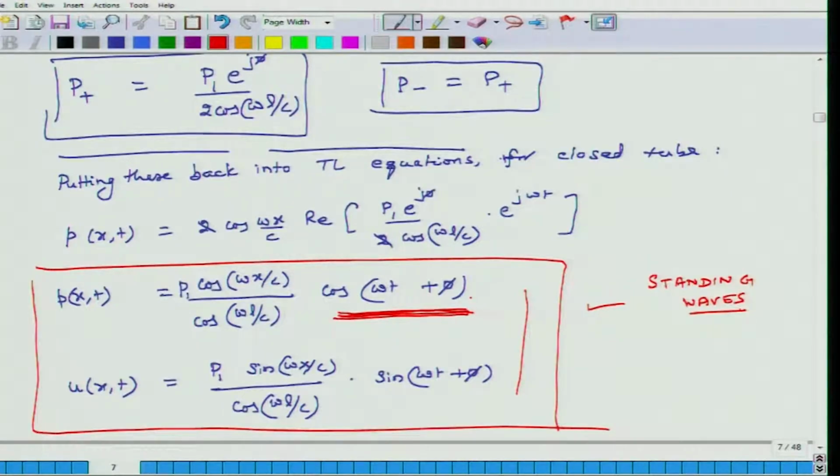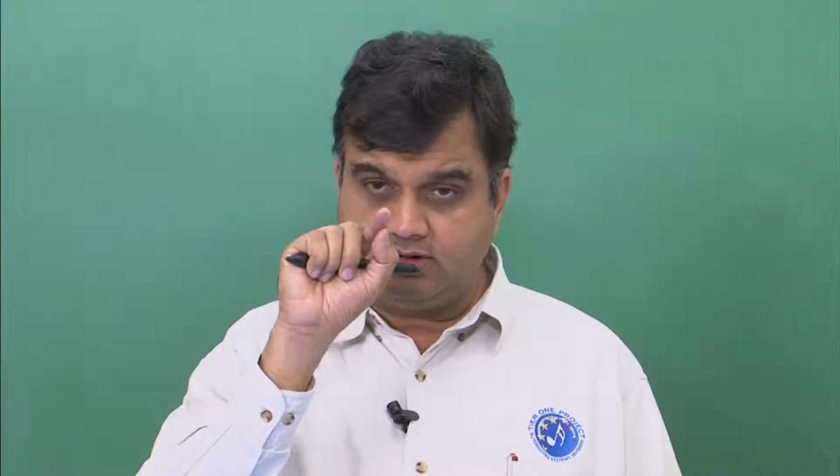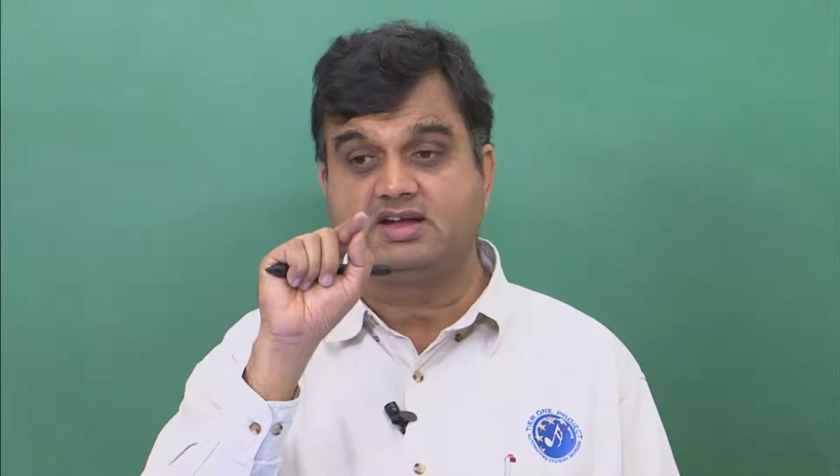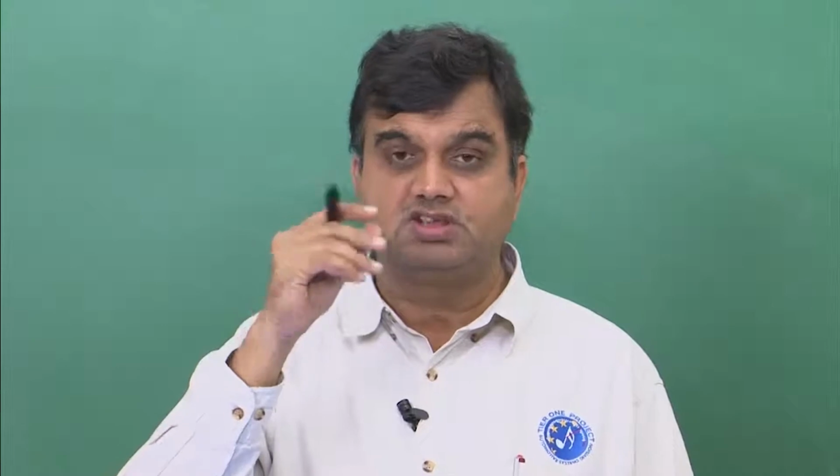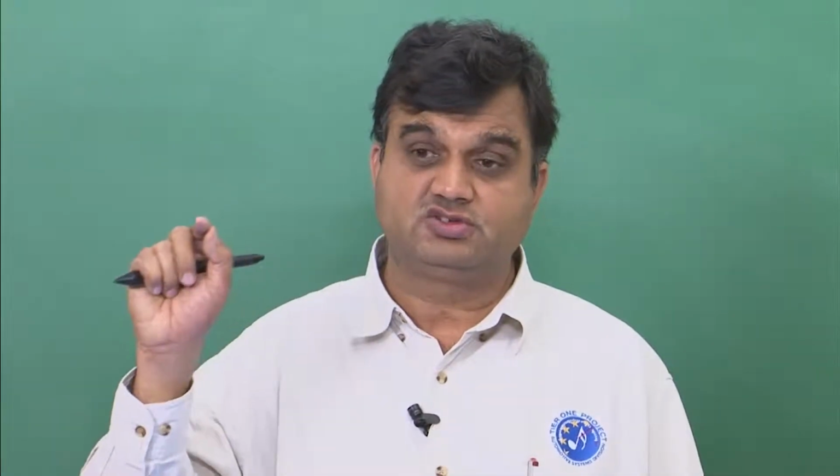So the amplitude of this cosine function is 1. But if I am looking at this standing wave at a particular point, the value of x at that point is fixed. So the amplitude at a given point is fixed. For instance, if x is such that omega x over c is pi over 4, then the maximum value of cosine of pi over 4 will always be 0.707.